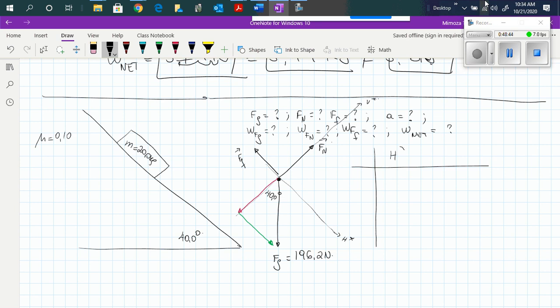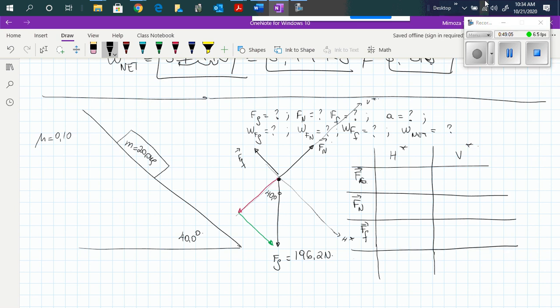So we have the rotated horizontal and the rotated vertical axis. So we'll start with, there is no force applied. Force of gravity, force normal, force of friction. And now that we are done, we write what is force net.